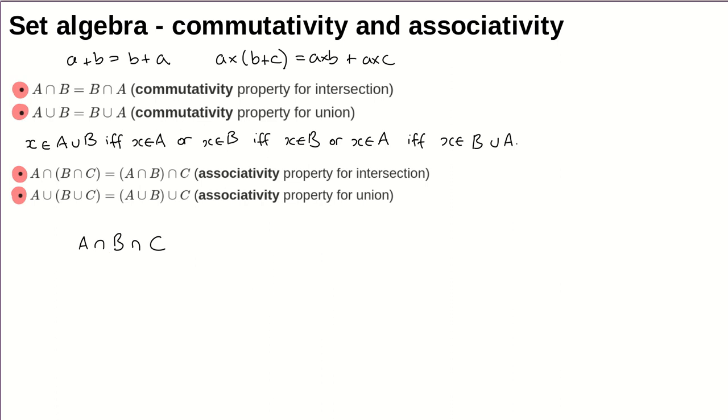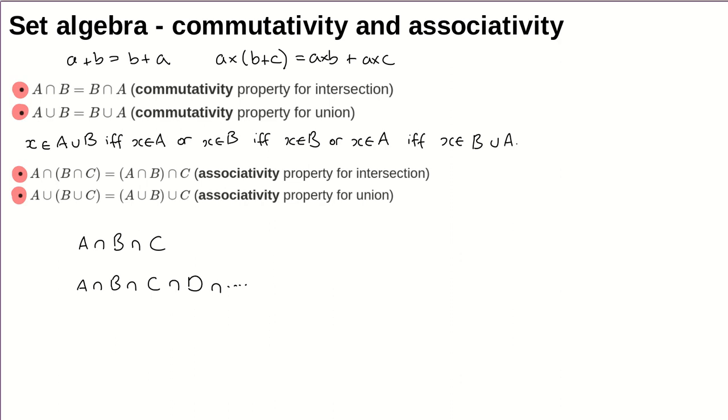So the expression A intersect B intersect C, as I've written it there, is completely unambiguous. And in fact, more generally, you can write down intersections of arbitrary length without having to put in any brackets to specify exactly what you mean. And so on.